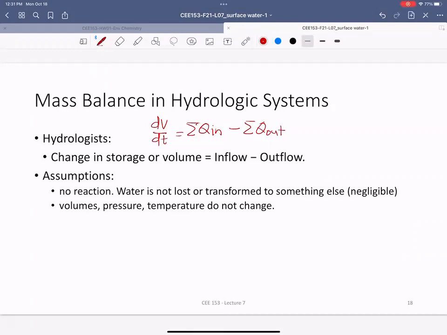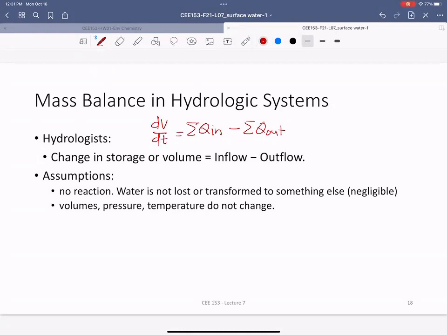Even how do you destroy water? You don't destroy water into oxygen and hydrogen. That's a very small amount of water that gets split into those. But most of the time it changes phase. Some of it becomes ice or atmospheric vapor. But you account for that in the flow. The evaporation is part of the flow. So there are no reactions.